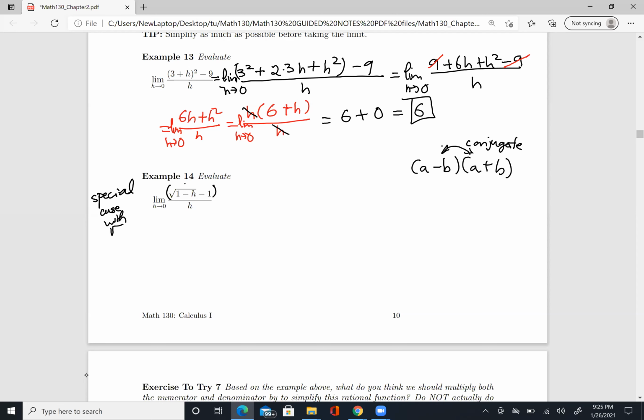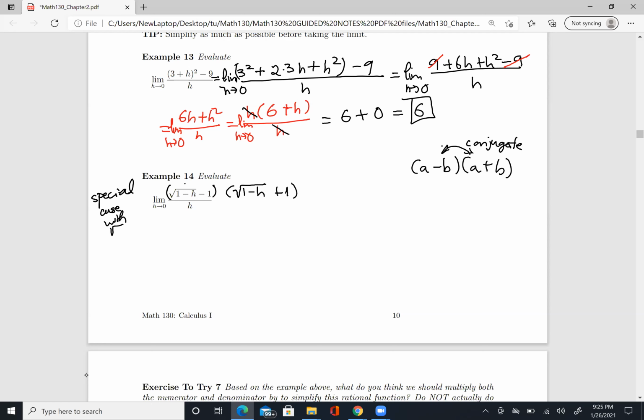So in this case, I would like to multiply the top with the conjugate, which is square root of 1 minus h plus 1. Why do I do this? Because you cannot do anything if you just keep the square root, right? You need to take it away. How can you do it?